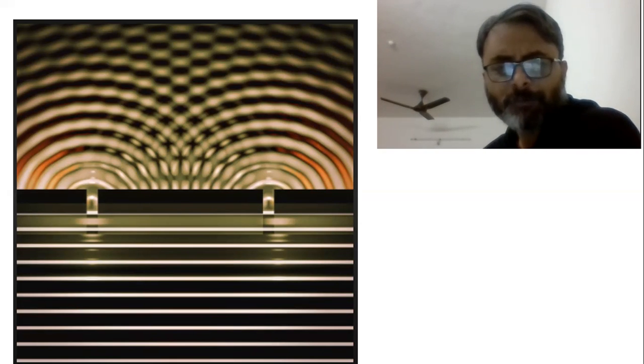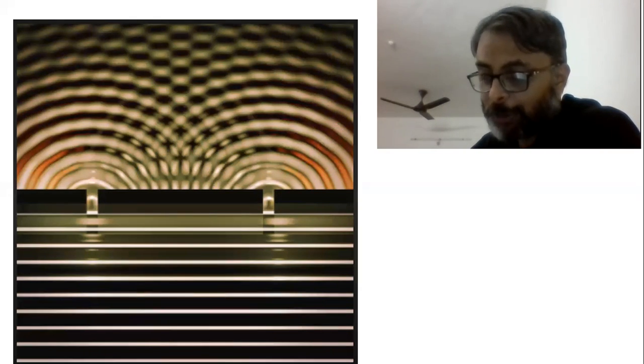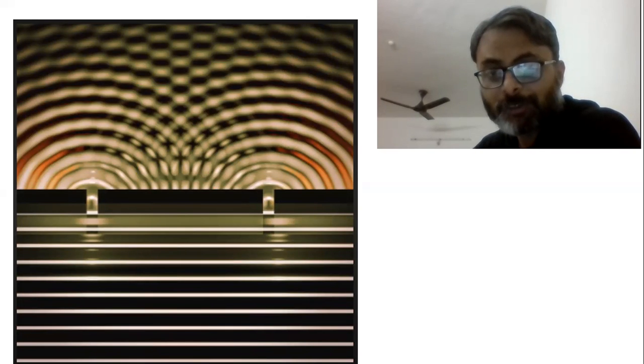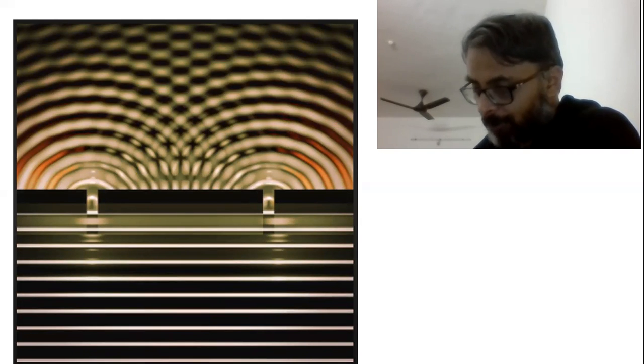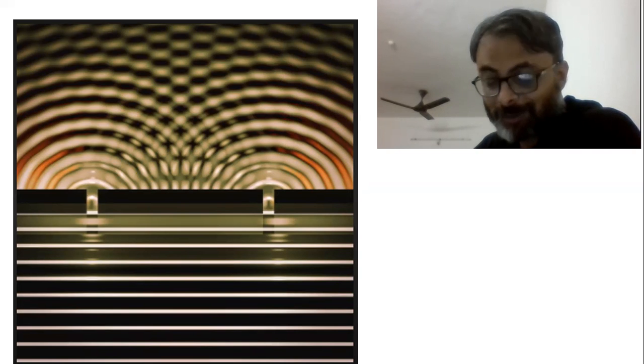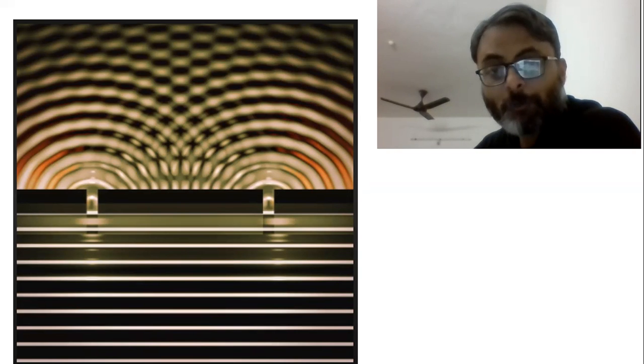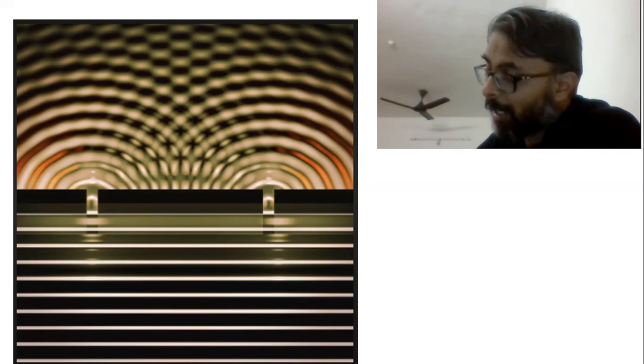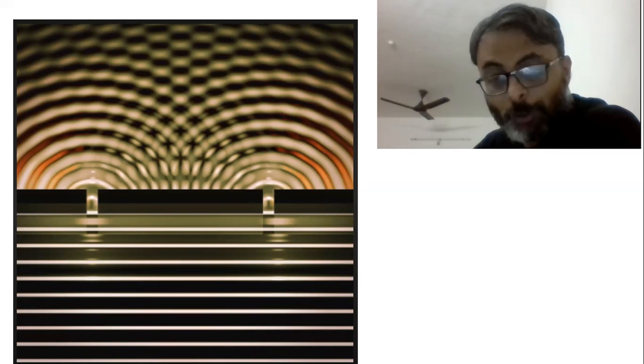But if an electron also shows the same pattern, people intuitively believe that an electron is like a tennis ball. If a tennis ball is thrown, it cannot go through both the slits together. It has to go through one slit or the other, and so it should not form an interference pattern. And even if a single electron is passed, it should not form one.